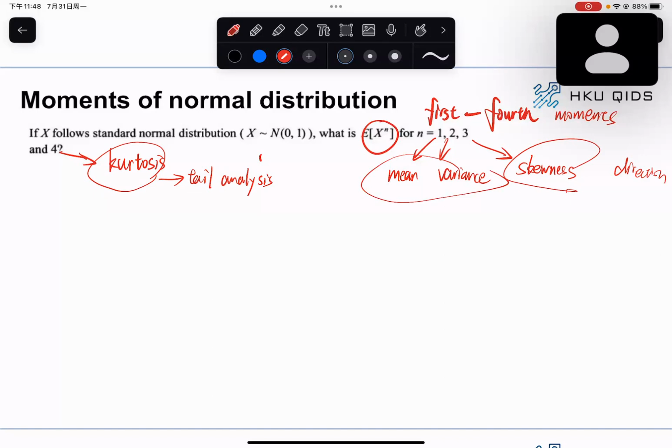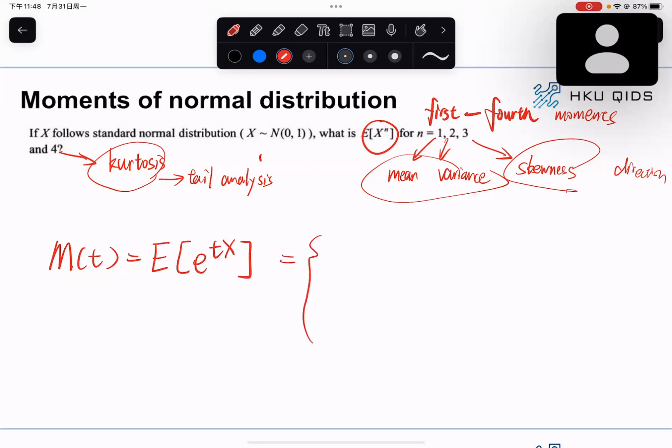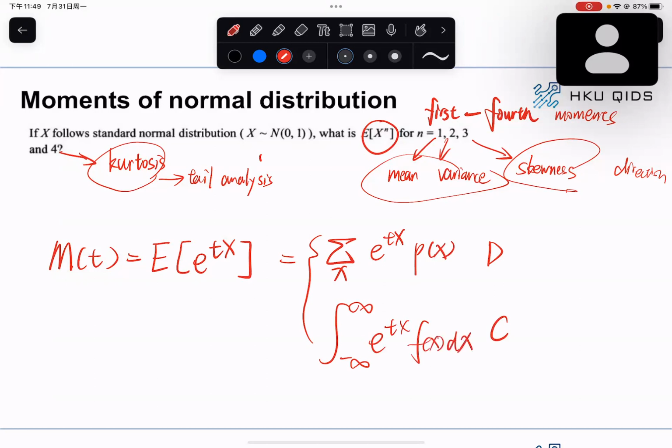So let's first define the moment generating function. M(t) is equal to the expectation of e^(tX), which in the discrete case is the sum of e^(tx) times the probability of x, and in the continuous case is the integral of e^(tx) f(x) dx.